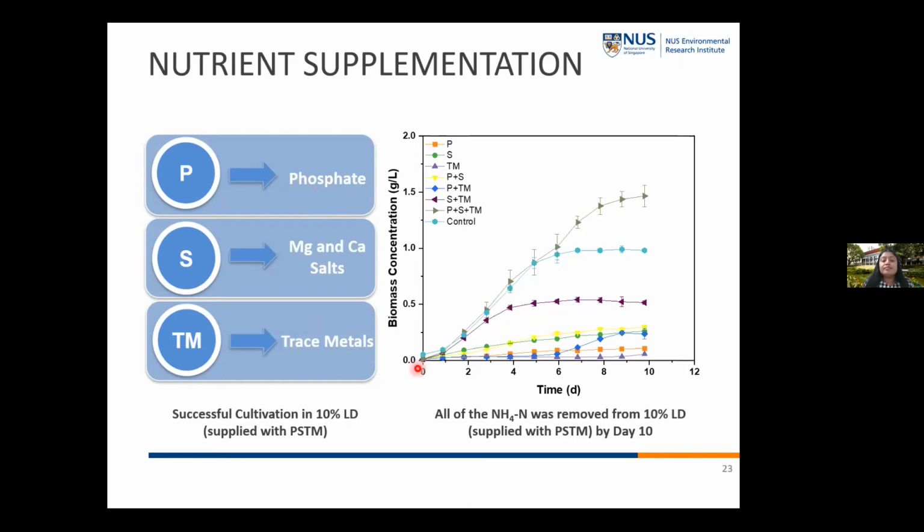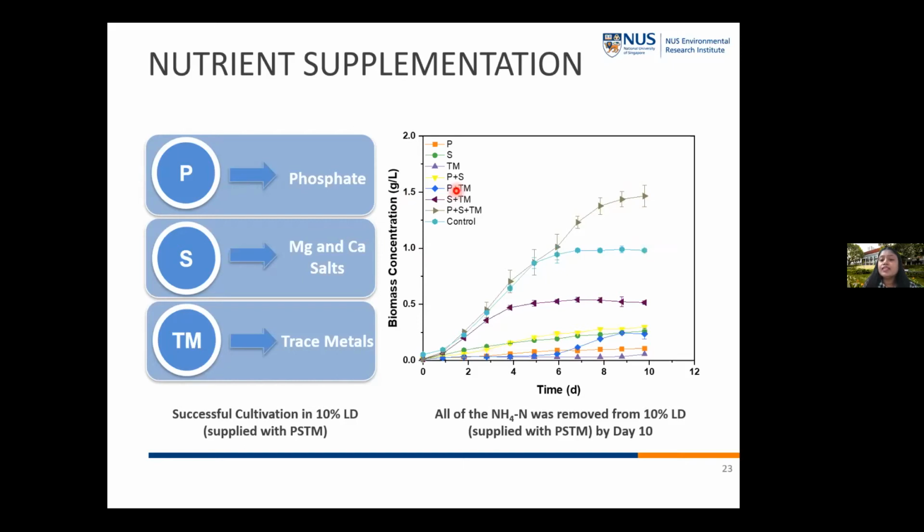So we used a 10% diluted digestate and supplemented it with these components in different combinations. We found that when we supplement the digestate with all three components, P, S, and Tm, we could see very good microalgae growth, and within 10 days it reached 1.5 grams per liter, while the control was still around 1 gram per liter.